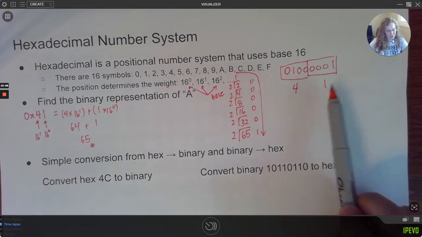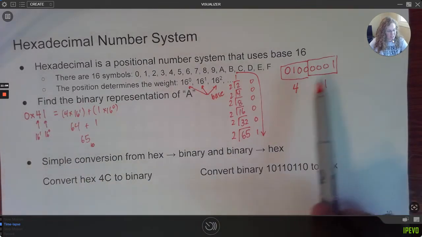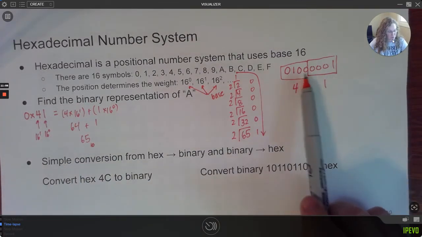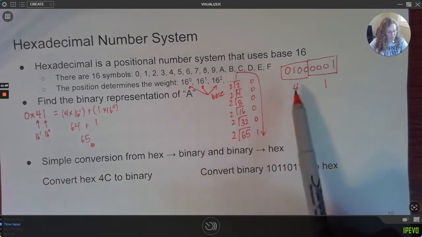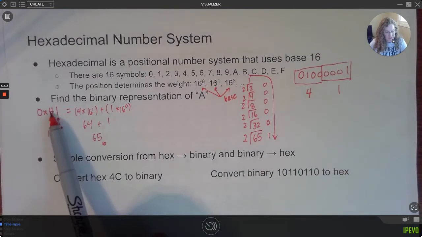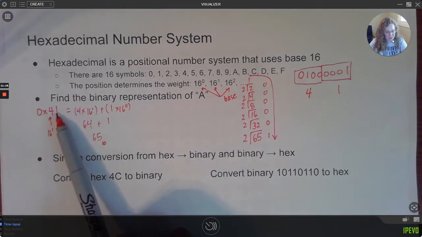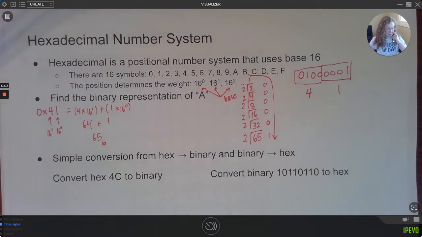Hopefully that looks familiar to you. That's the hexadecimal value 4, 1. It's the same as if I put these in groups of 4 and look at the binary representation of the first hexadecimal character, and then the 4-bit representation of the second hexadecimal character.